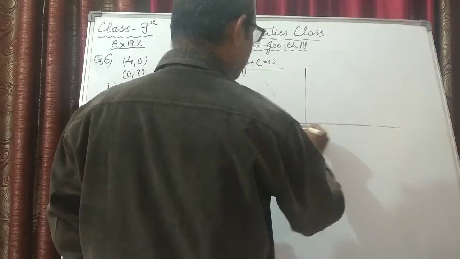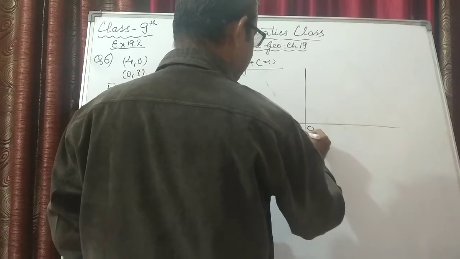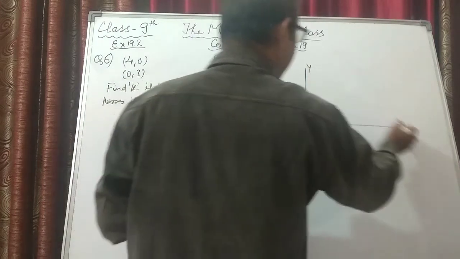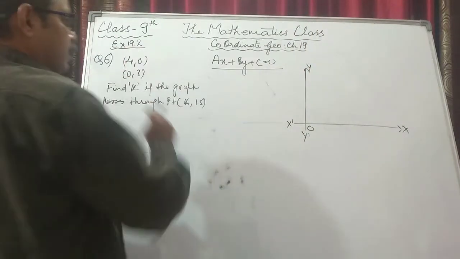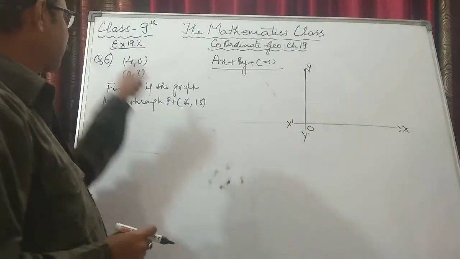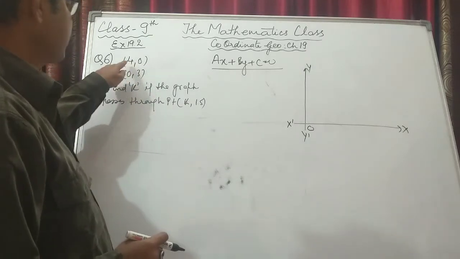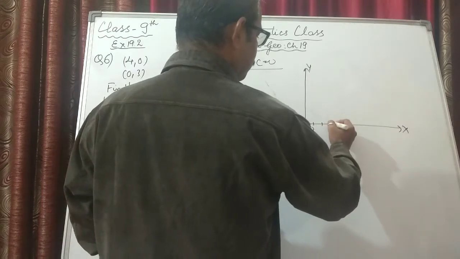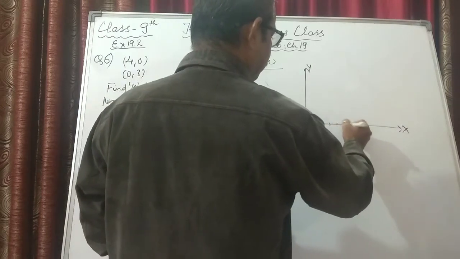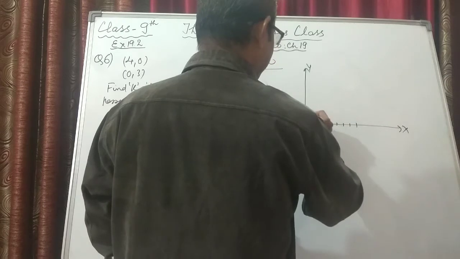This is point O, this is x dash, this is y dash, y and x. Now they say that the line or the graph passes through (4, 0), meaning x is 4, y is 0. So 1, 2, 3, 4, 5, 6, 7.